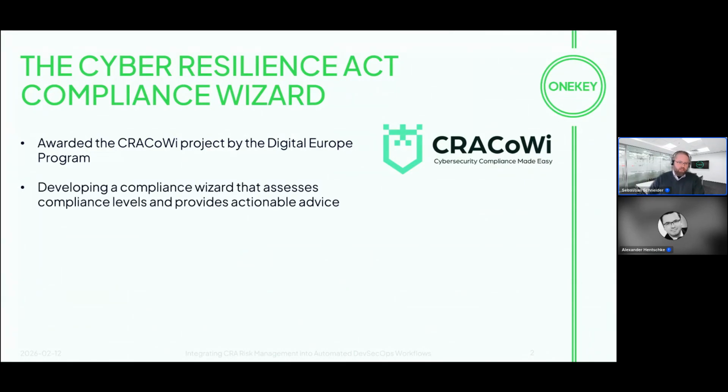The goal is to develop and improve our compliance wizard to really guide you through the self-assessment. Our target audience here are small and medium enterprises, and we want to automate the full process and also give you actionable advice when we see any point where you need improvement in your compliance checks.